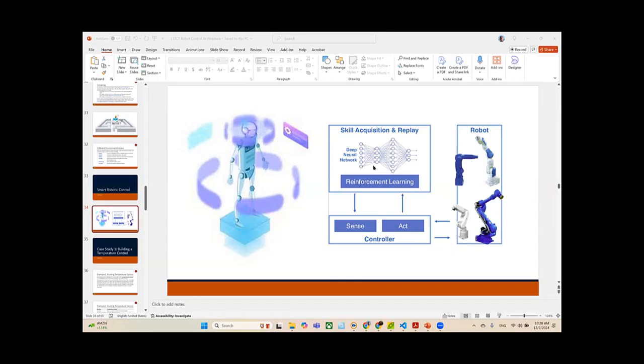We classify a robot as smart based on its planning stage. If the planning involves a neural network, then we say it's a deep learning robot, a smart robot.